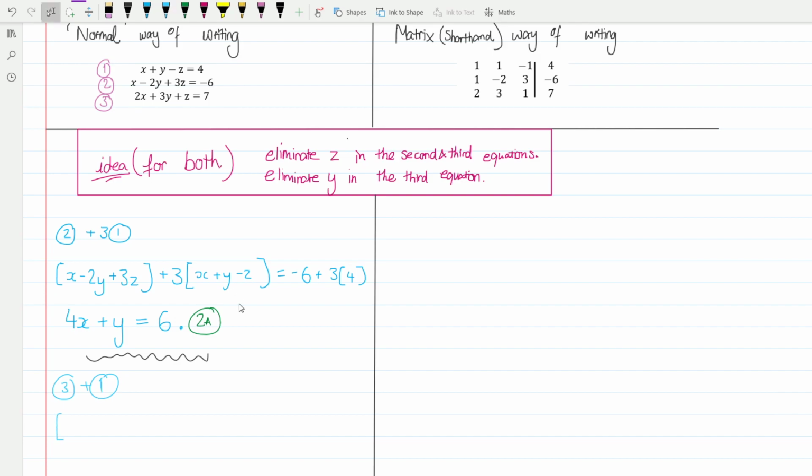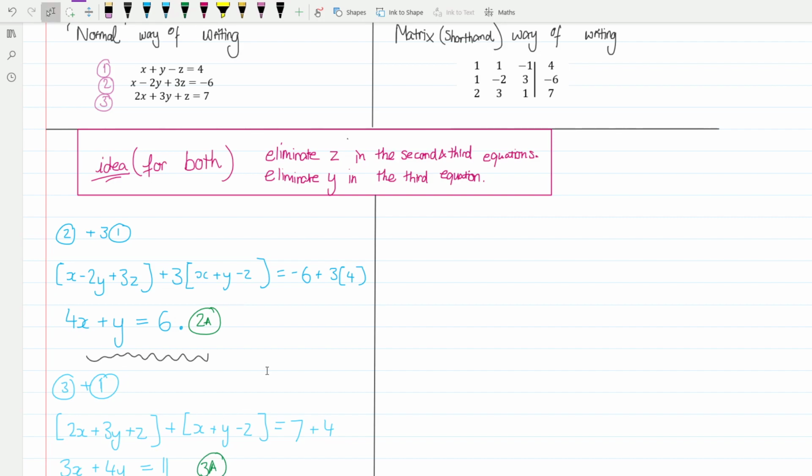Equation 3 plus equation 1 is going to be 2x plus 3y plus z plus x plus y minus z, and the right hand sides are going to be 7 and 4. 2x plus x is 3x. 3y plus y is 4y. And the z's cancel out, and I get this. 3x plus 4y is 11. And that's my edited equation 3. So I'm going to call that 3a.